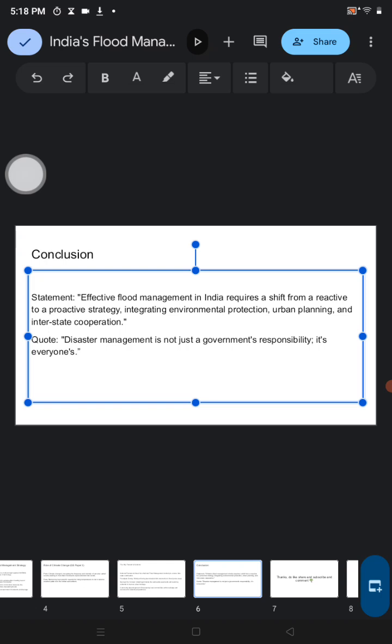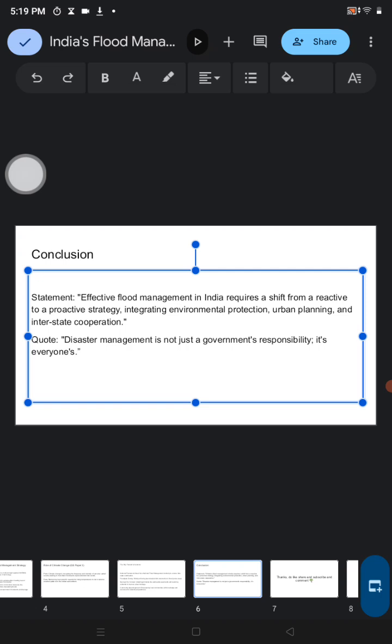We should not just react when the floods come; we should be proactive and take steps before it actually happens. It also requires integrating environmental protection, urban planning so that we can control urban floods, and interstate cooperation, because it is a state subject.